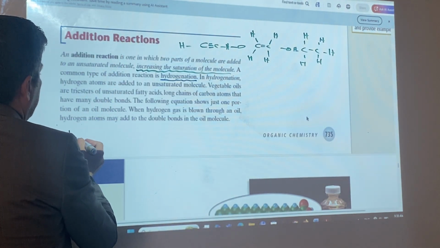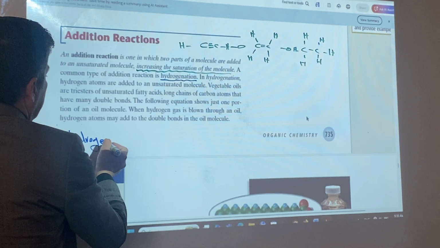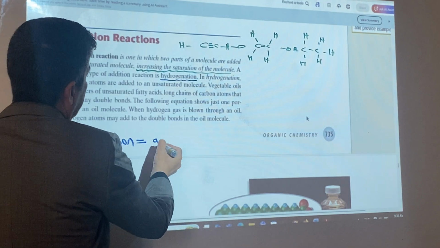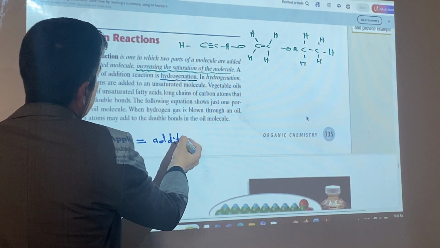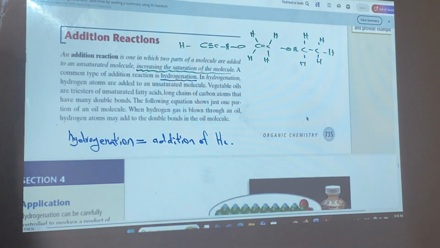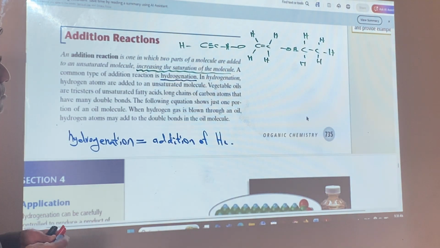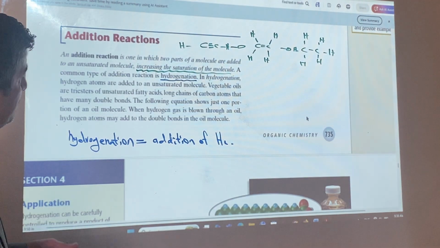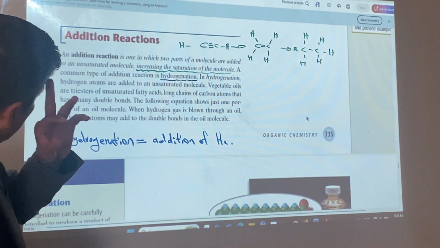That means hydrogenation equals the addition of H2 to an unsaturated molecule. Hydrogenation is an addition reaction and leads to an increase in the saturation of the molecule.